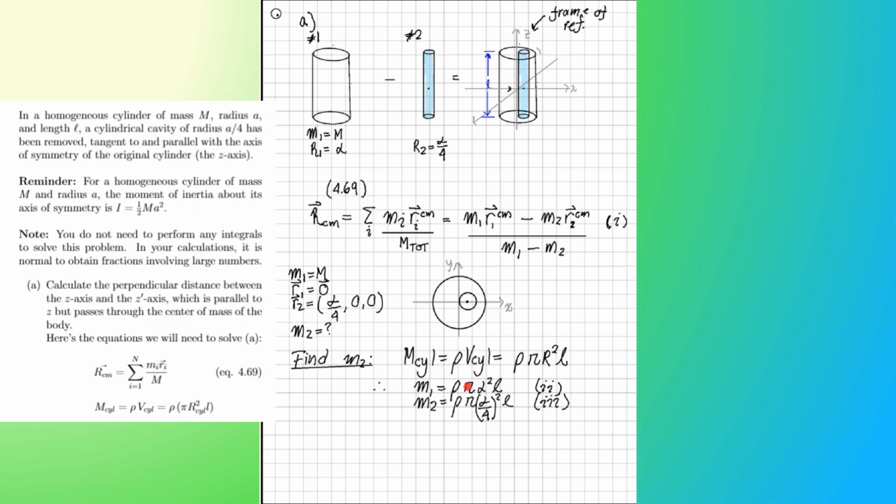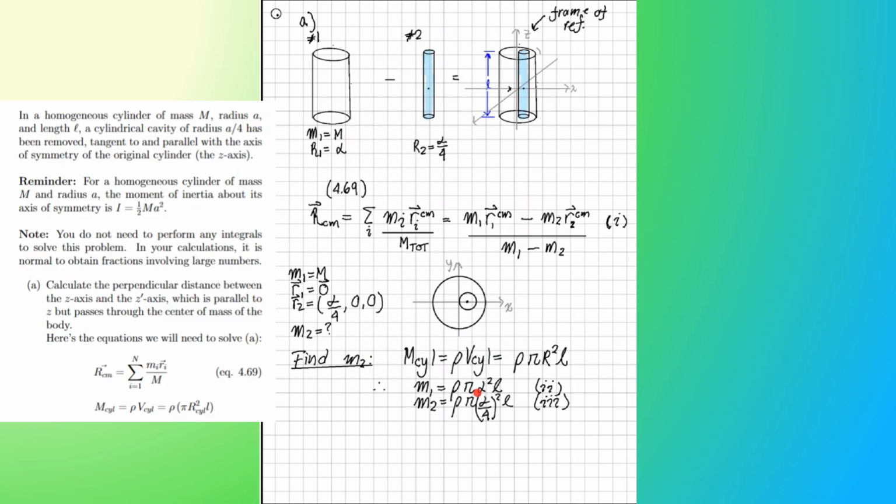Here we can assume that both densities are equal because the second cylinder comes from the first cylinder, and this is a homogeneous cylinder, so both densities must be equal by definition.